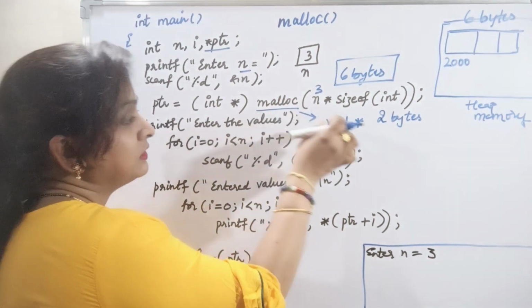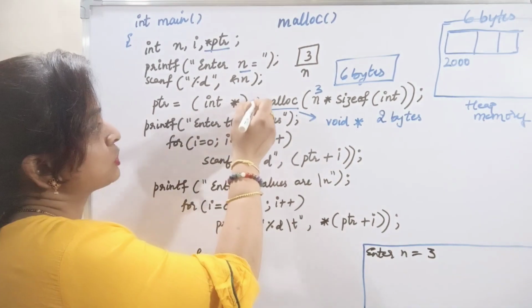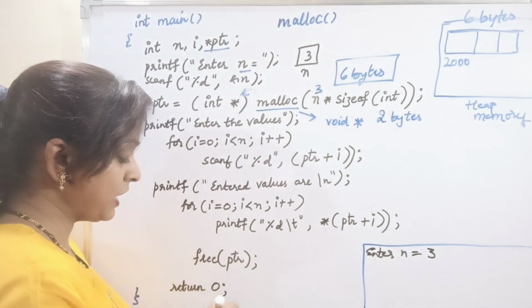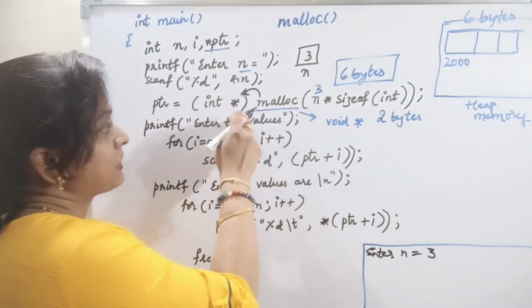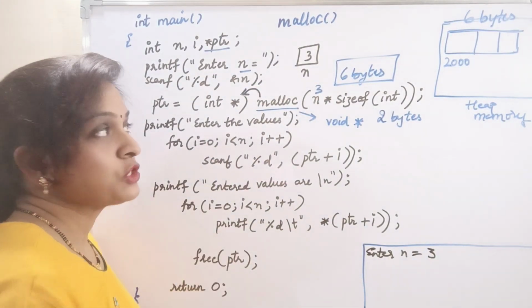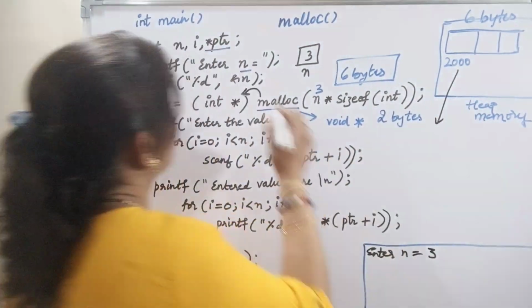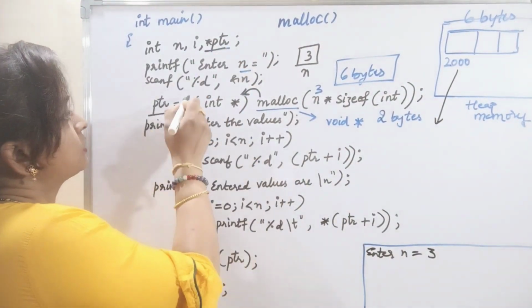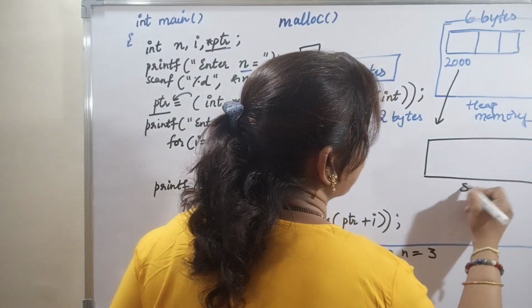Now this address, that what the malloc function is going to return, it has to be typecasted. It has to be typecasted here. So what I do here, I say you typecast that to integer. So that address will be returned to a pointer which is PTR. So PTR will be allocated in stack frame.